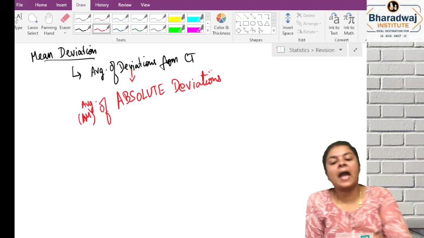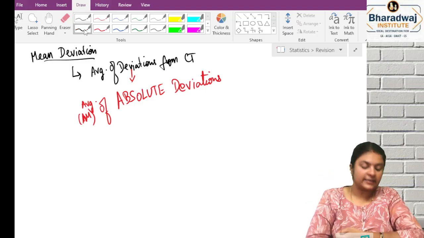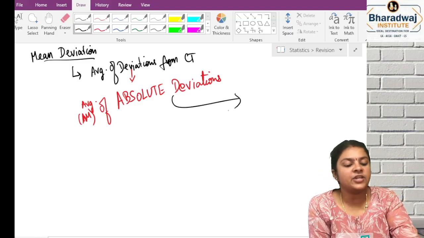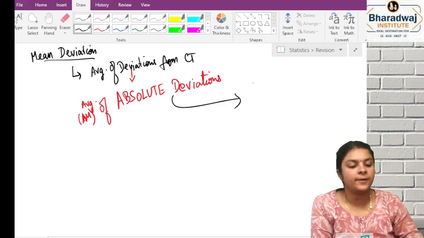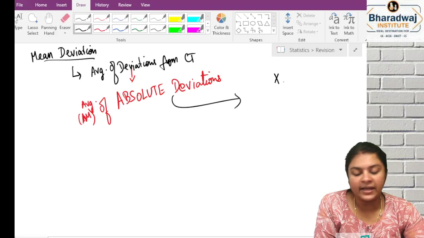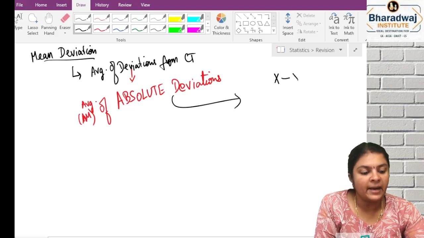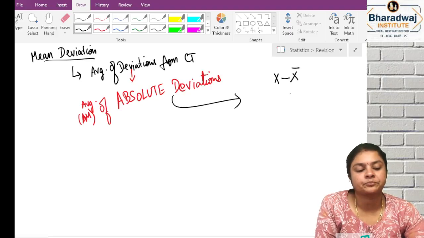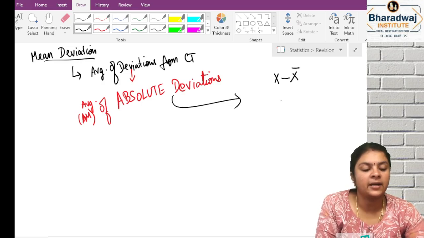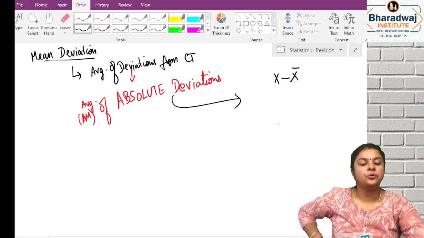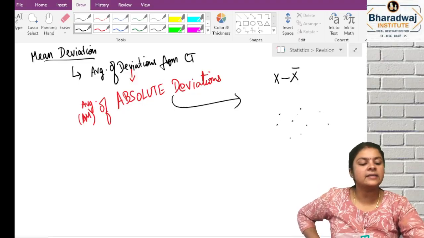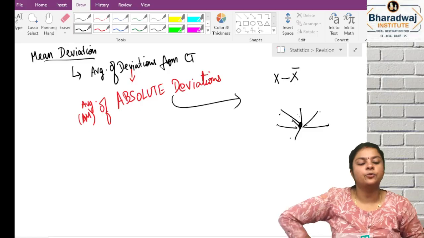What is meant by absolute deviations? It is nothing but deviation. How to calculate deviation? X is the given value, each of the values, minus x bar. X minus x bar. So for every value, if the values are spread like this and you have a central tendency here, we are going to calculate the deviation for every value.